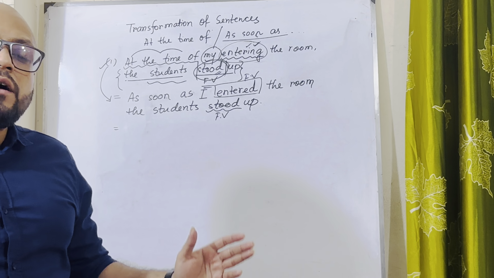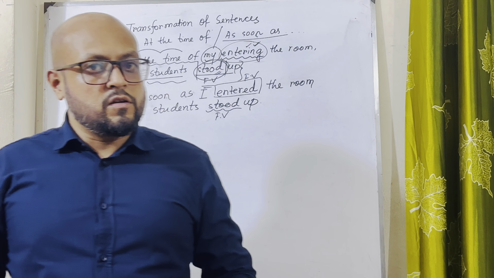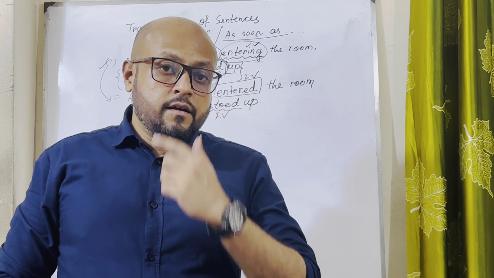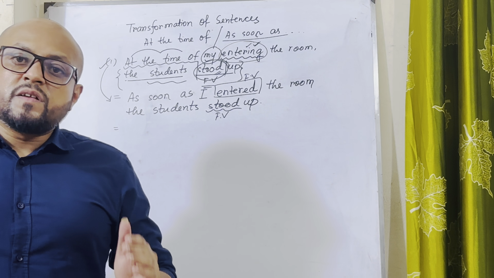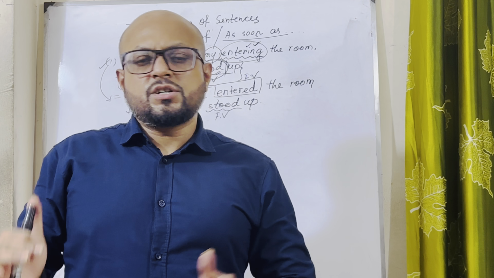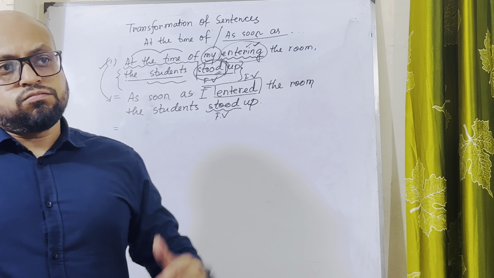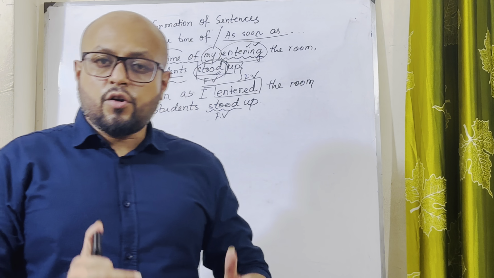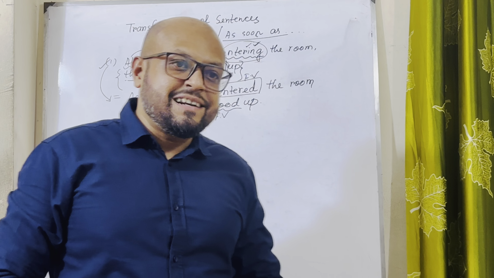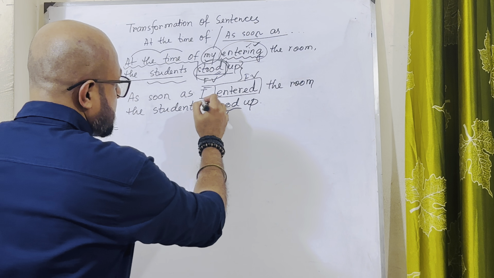Now you need to convert it into a compound sentence, where you need two principal clauses, and you need to join them with coordinating conjunctions like and, but, or, yet, and sometimes you can also apply nor, depending on the meaning of the sentence. Here we have two actions.